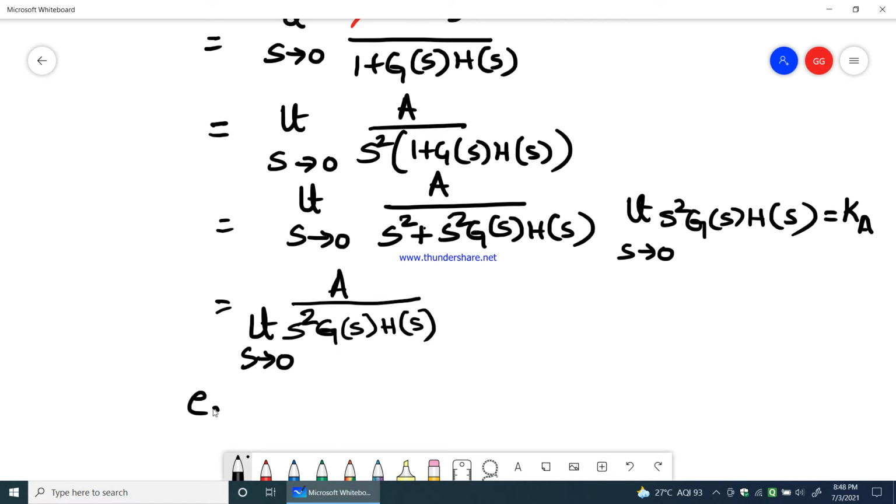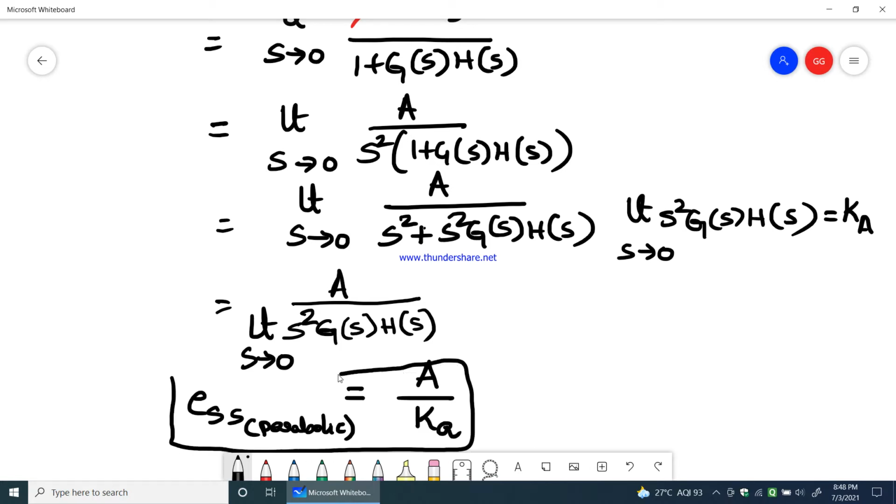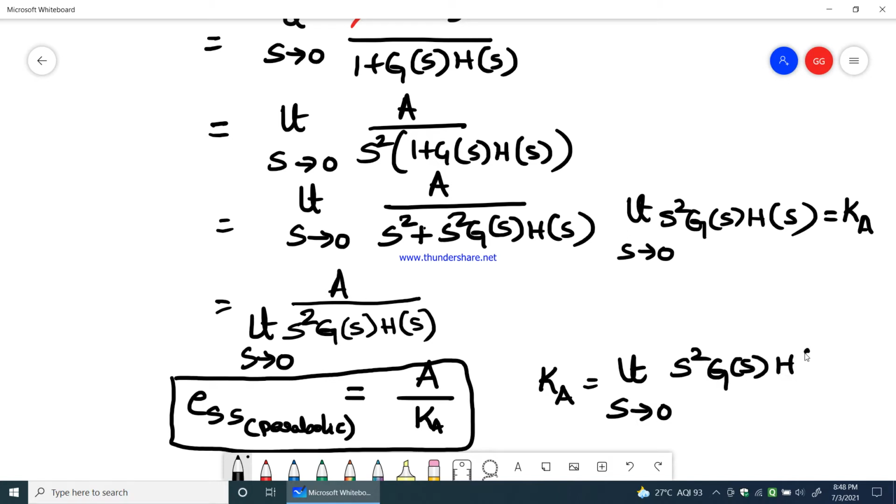Therefore the steady state error for a parabolic input would be equal to A divided by ka, where ka equals limit s tends to 0, s square into g of s into h of s.